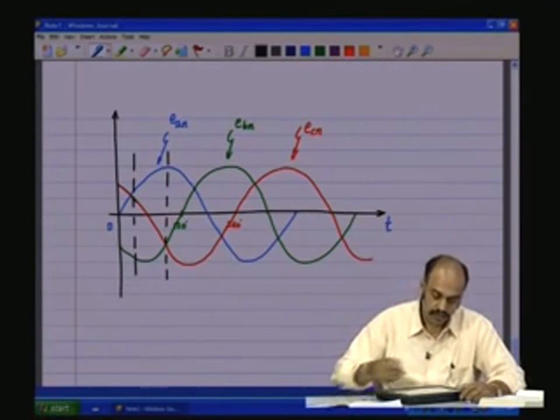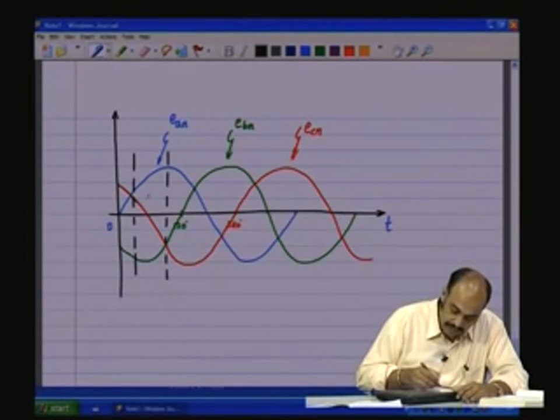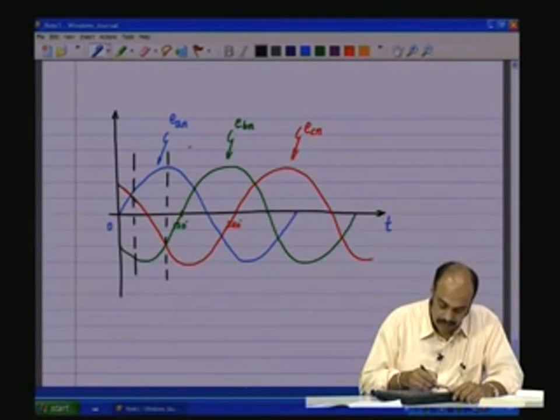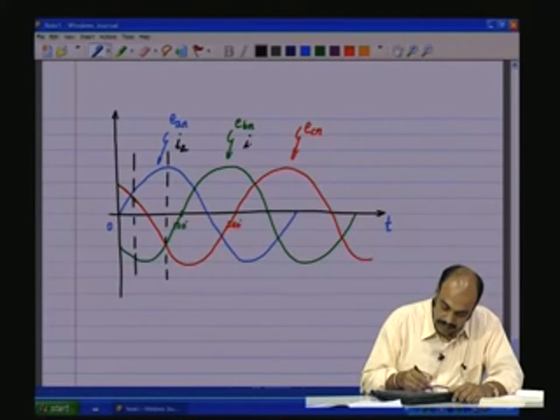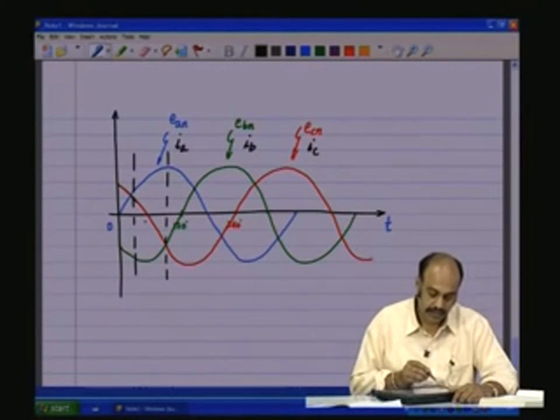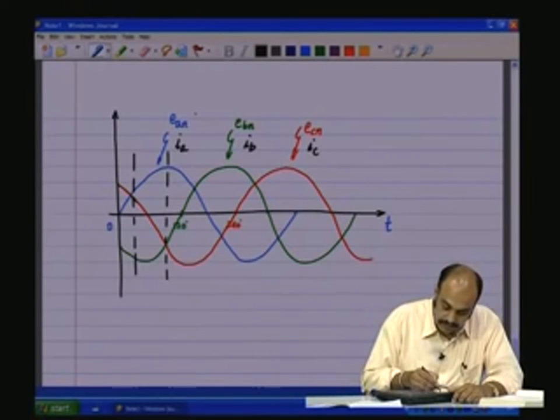and as they are passed through resistive loads, what is I A? This waveform will be also similar to E A. I B and I C will also be similar, only the amplitudes get changed by the factor of R, because all are having R's.